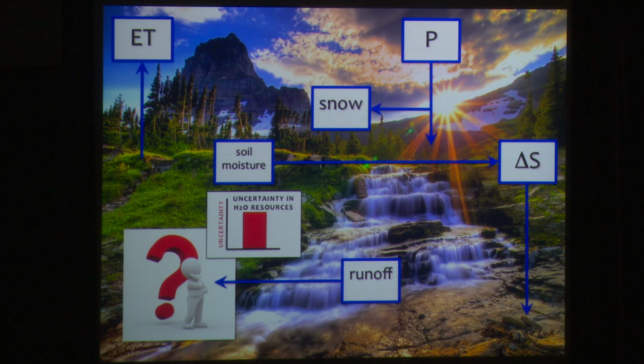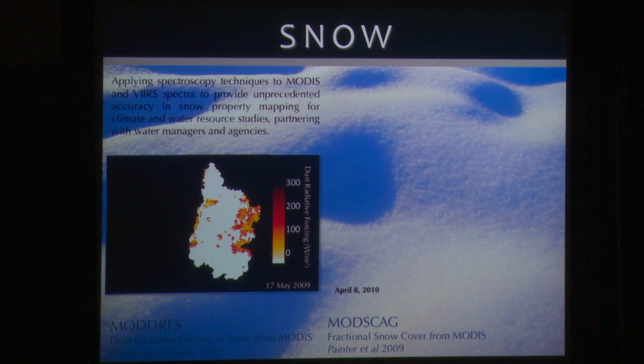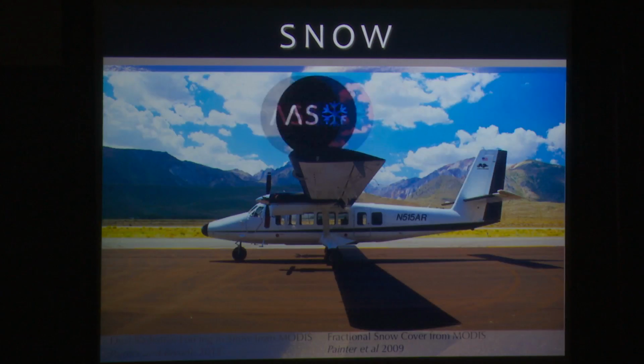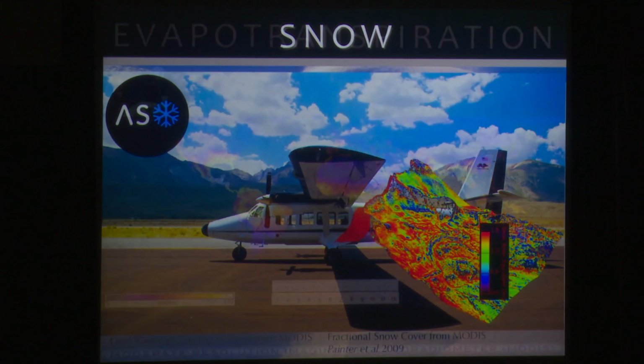So GPM, the Global Precipitation Measurement constellation, has kicked off to advance past the Tropical Rainfall Measuring Mission, TRMM. We can see that snow, but we can also fly around with LiDAR, getting that snowpack and albedo, and converting that to water content.